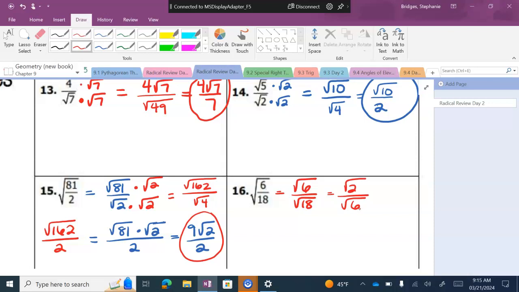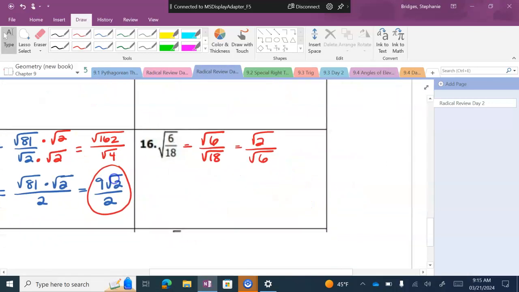Yes. Okay. What do we multiply the top and the bottom by? Square root of 6, okay. So that's going to give me the square root of 12 over the square root of 36. Does everybody agree with that? Okay. Leaving that 12 alone for now.